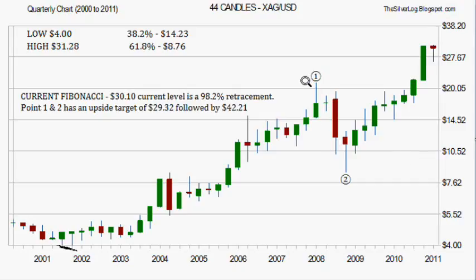If we take point 1, we've already done this once before. This is the highs of 21.35 and the lows of 8.46. Then our upside objective is really taking us to the 29.32, then the 42.21 level.